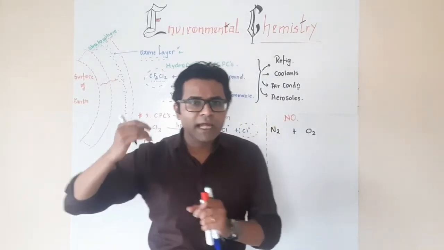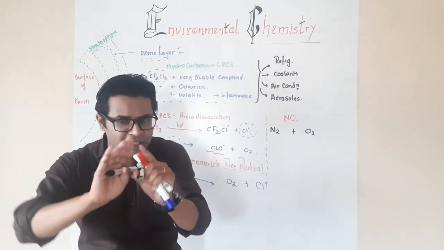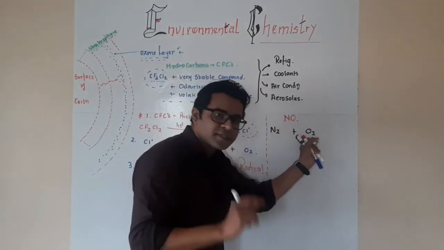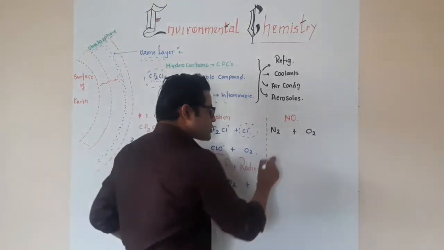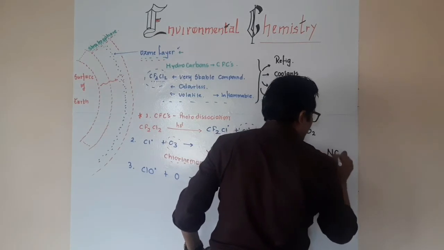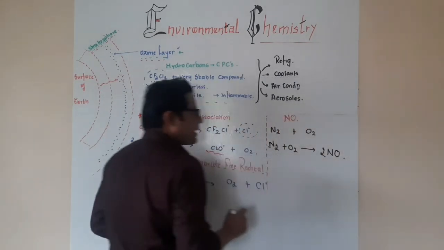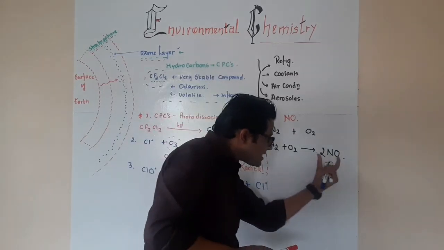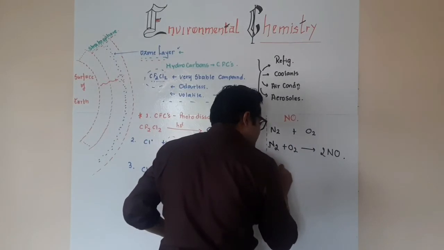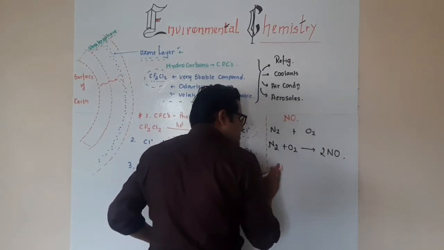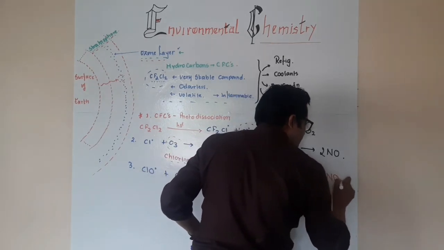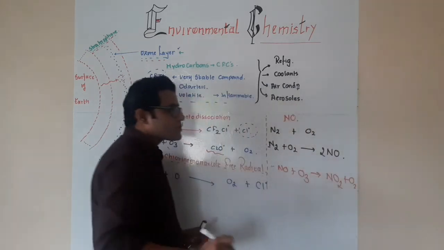When the aircraft is moving at supersonic speed, in the region nearby the engine, the nitrogen and oxygen start to react, due to which N2 plus O2 gives rise to NO. Now this nitric oxide reacts with the ozone molecule in order to form nitrogen dioxide and an oxygen molecule.